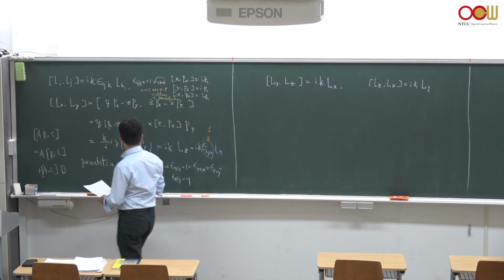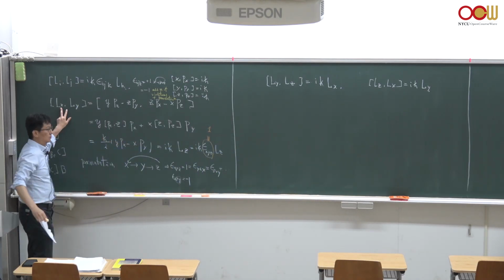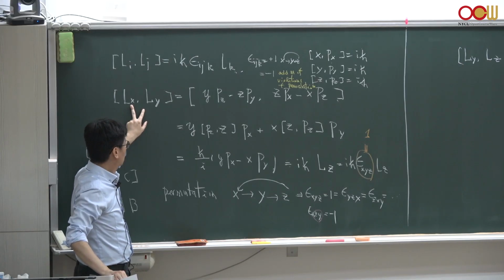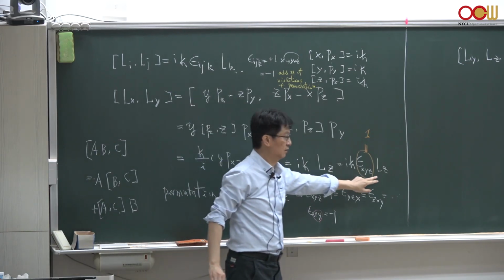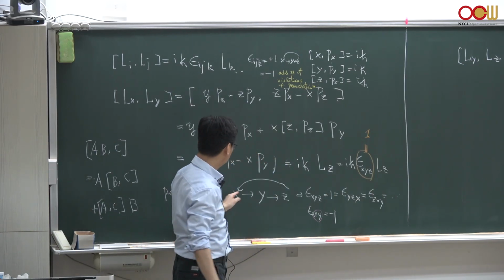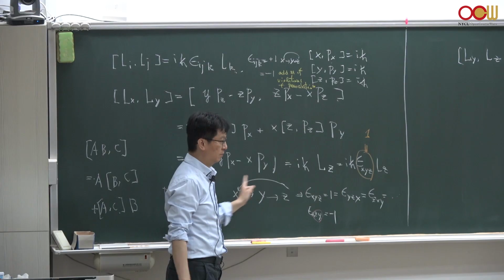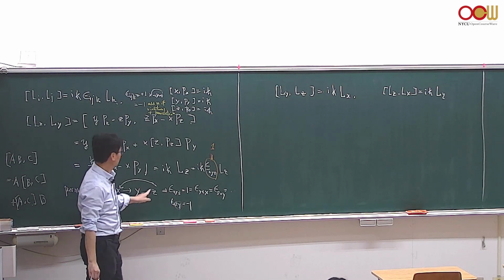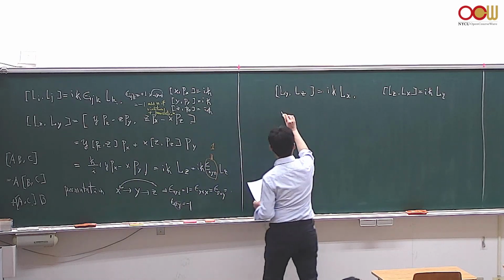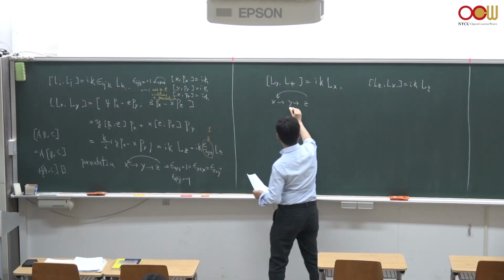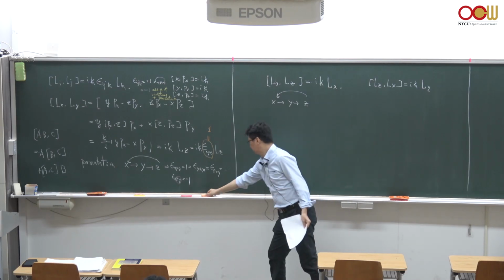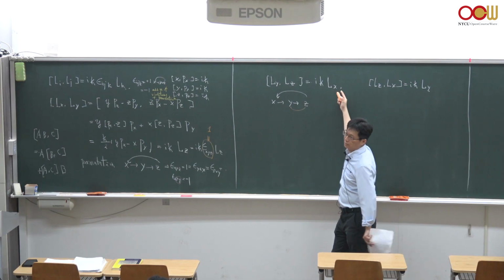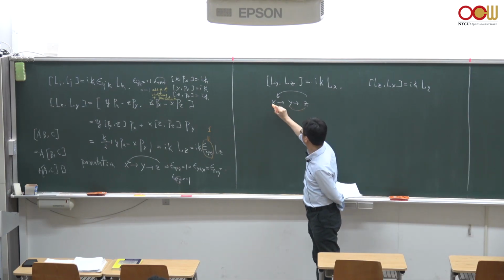Okay, so now you see the pattern, right? When there are x and y components in the commutator, you must get Lz, following this proper order of permutation, x, y, and z. And if you start with y and z, on the right side of the equation you get Lx.